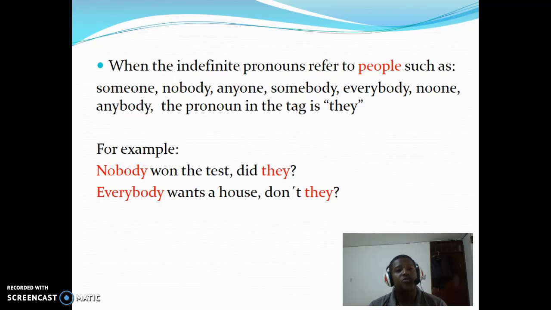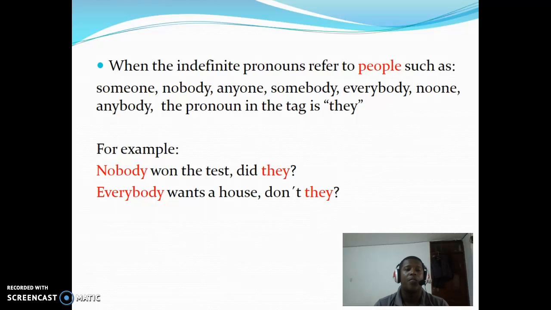Now we have another special case here with indefinite pronouns. Remember that an indefinite pronoun is a word that replaces a noun or names of people or objects. When the indefinite pronoun refers to people, such as someone, nobody, anyone, somebody, everybody, no one, anybody, the pronoun in the tag is they.